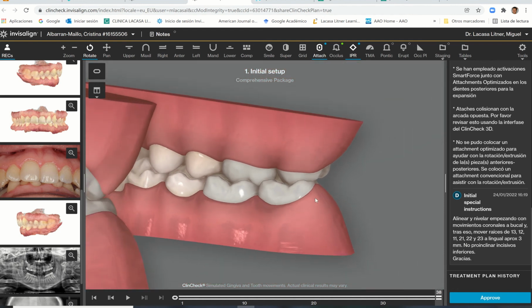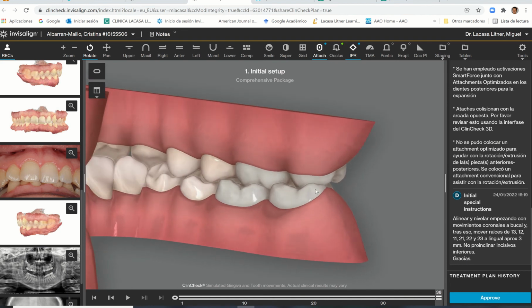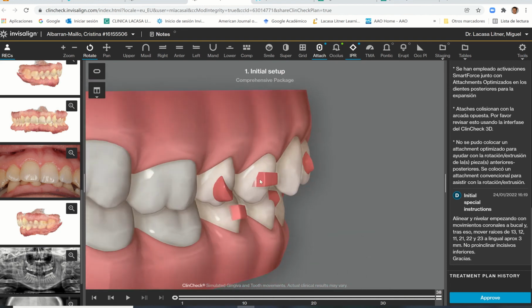No way. And as you will see in a few minutes, expansion in most of the cases is not biologically acceptable. So, if you have something that is good, leave it like it is.